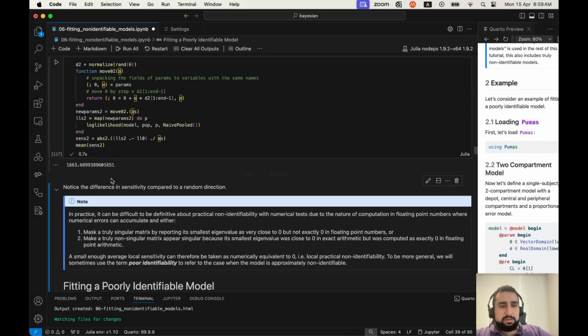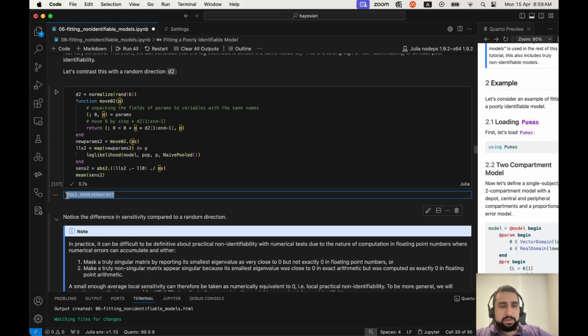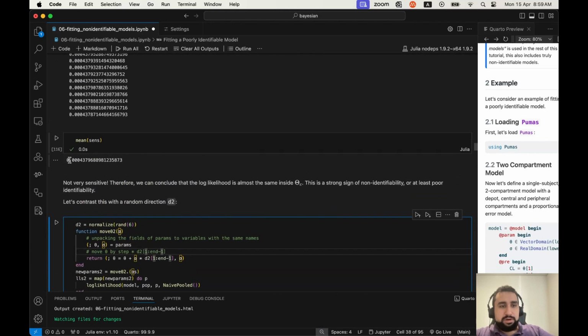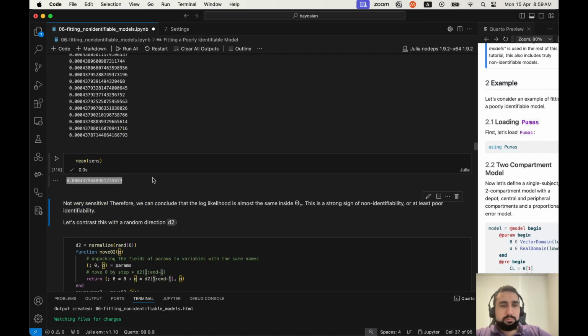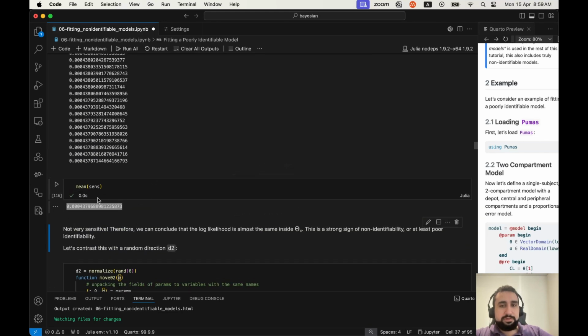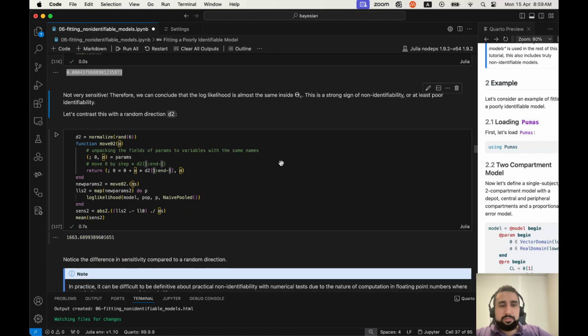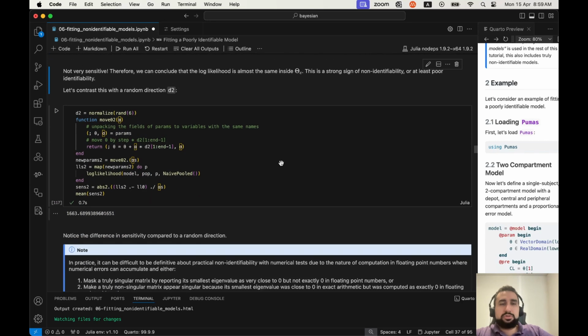You'll see that the mean value in this case is significantly higher. It's 1,600 something. Compare this to the previous sensitivity analysis. With this, we can pretty much conclude that our model is not very sensitive in this direction, and that there's a very strong sign of poor identifiability.